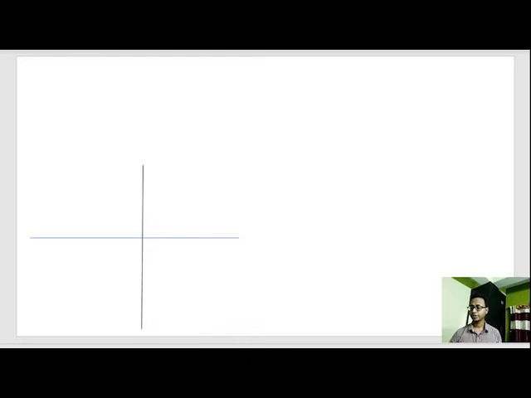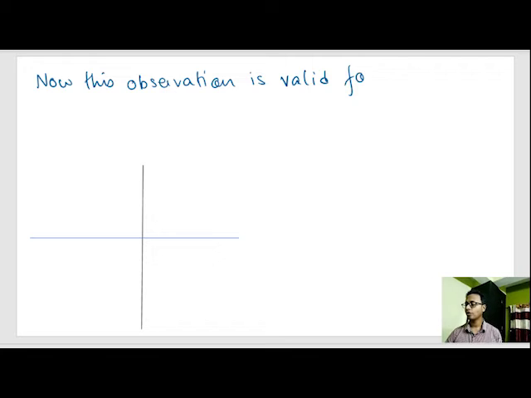Now, this observation is valid for all types of graphs.